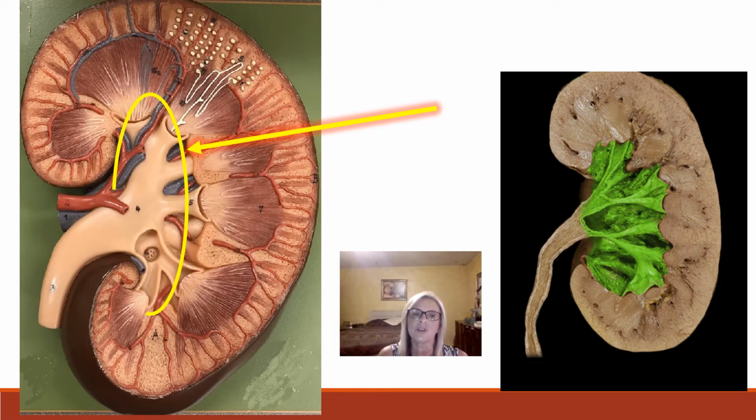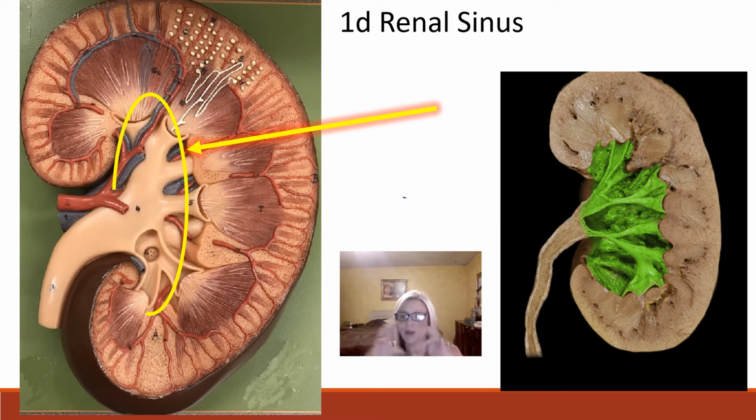So if I ask you this on the exam, I will ask you, what is this cavity or space? And so you'll be able to distinguish between, do I want this cavity or the renal sinus, or do I want the renal pelvis? All right. So you can see that real well over there in green as well, but you got to remember this is a space. This is just the space.